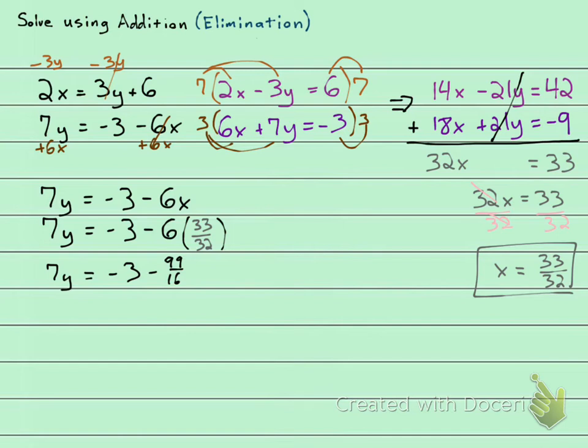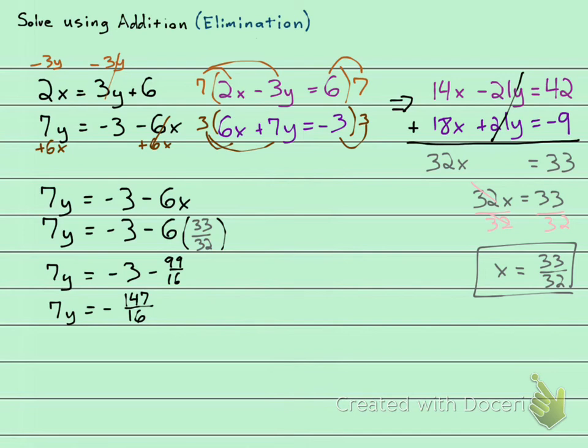Now let's put these two together. Negative 3 minus this number. Negative 3 minus 99 over 16. And that gives me a negative 9 and 3/16. I'm going to put it as an improper fraction, negative 147 over 16. And then one more step to get my y by itself. Grumpy old y wants to be by herself.